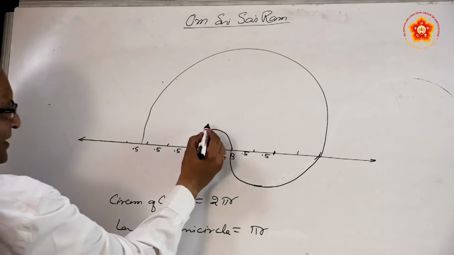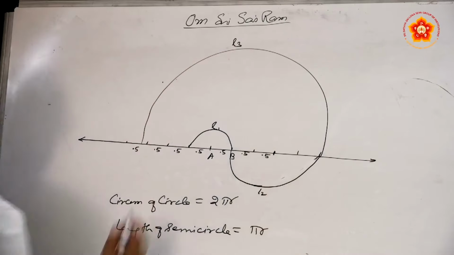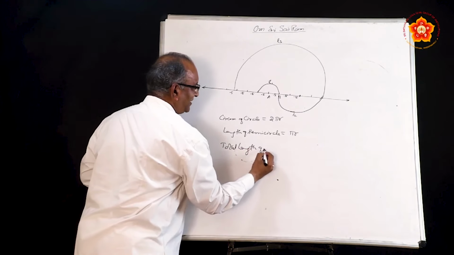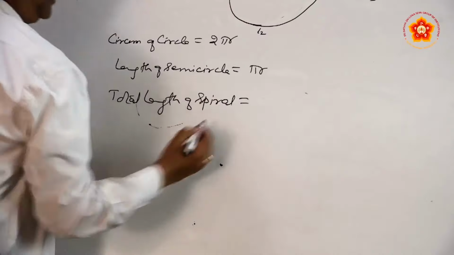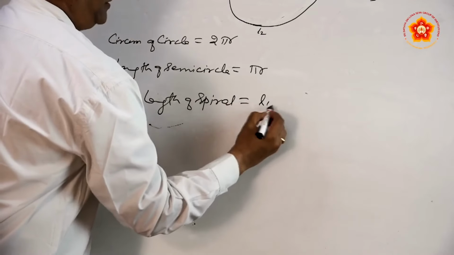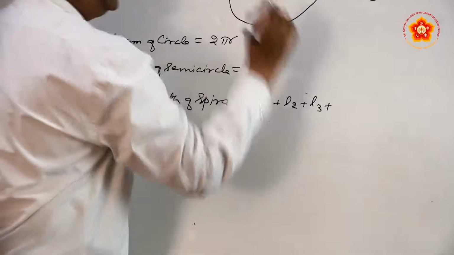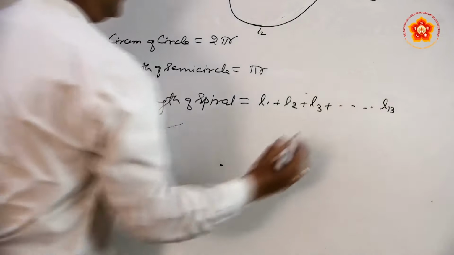So, if you consider this as L1, this as L2, this as L3, we can say that the total length of the spiral is going to be L1 plus L2 plus L3, and he says there are 13 such semicircles, so it goes on till L13.